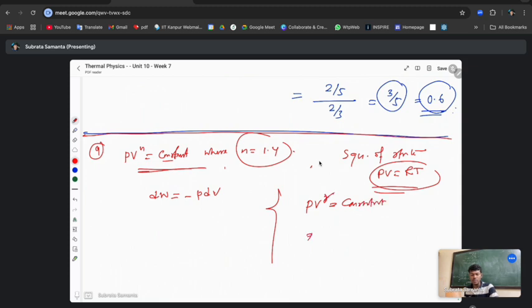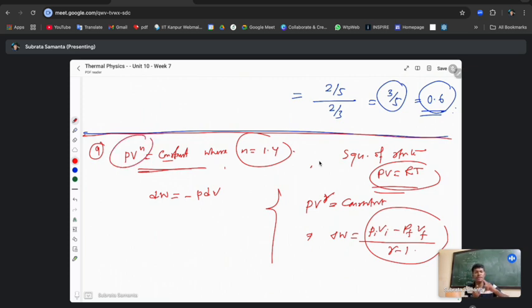So for this case, we calculate the work done, delta W, as PiVi minus PfVf over gamma minus 1, right? Same case, because the form of the process PV to the power gamma is the same. Now PV to the power n is constant, right?